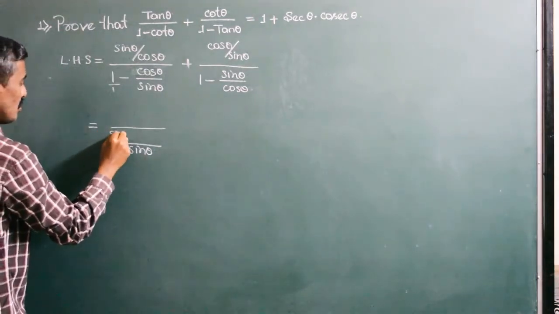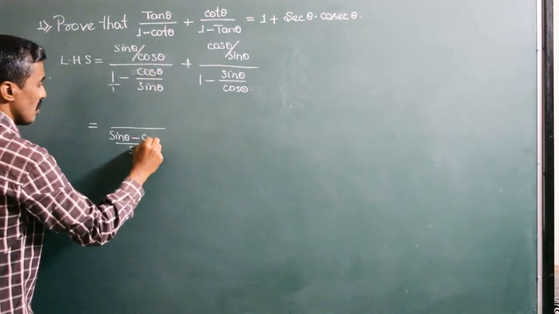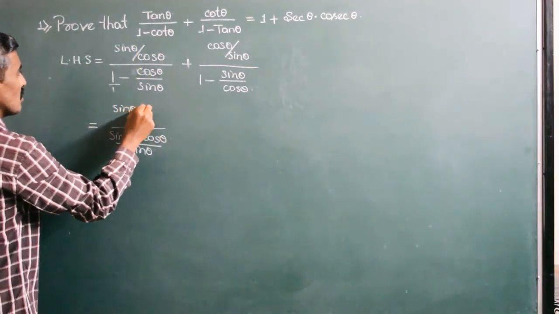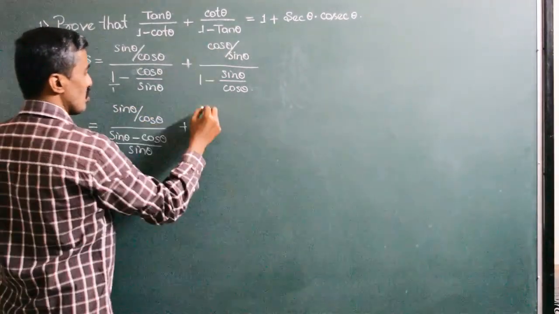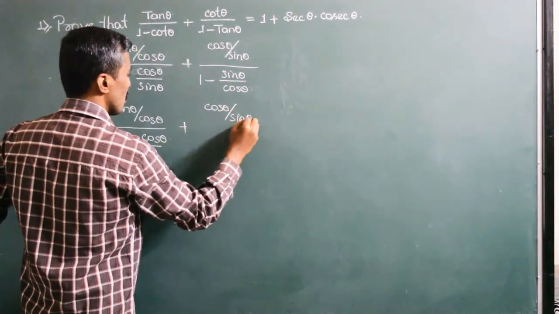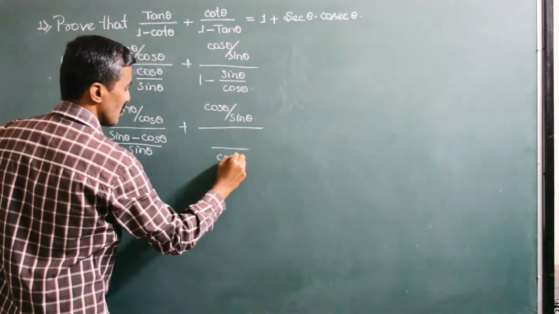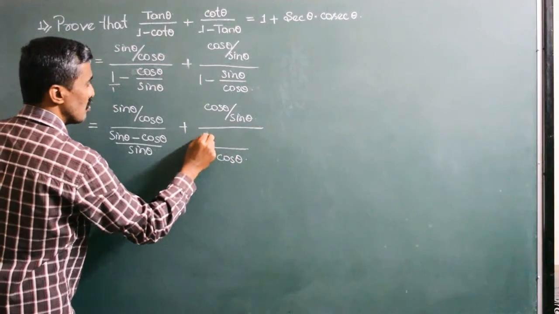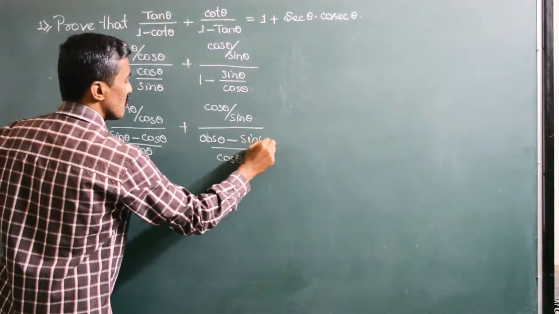Therefore the numerator becomes sin theta minus cos theta, with sin theta as the denominator. Then the numerator sin theta by cos theta as it is, plus cos theta divided by sin theta as it is, divided by, here the denominator LCM is cos theta, so then 1 becomes cos theta minus sin theta.